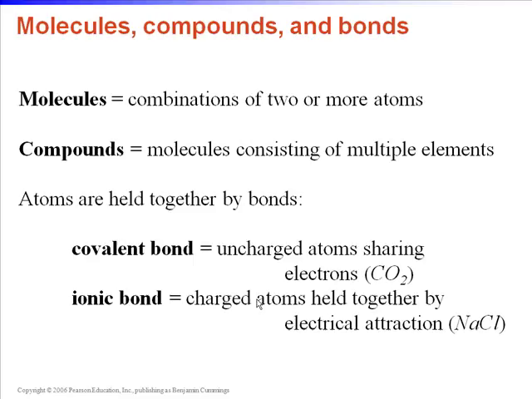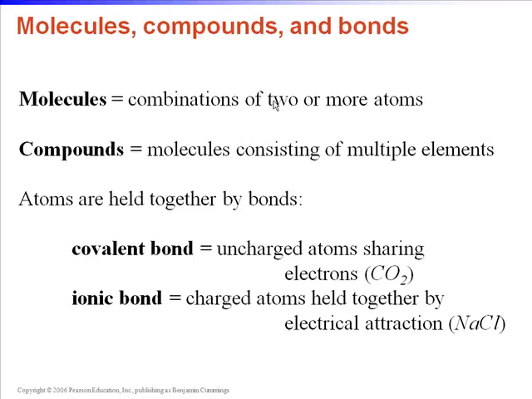Atoms bond to form compounds and molecules. So they come together and they combine. And molecules are combinations of two or more atoms. This means that the atoms are the same.